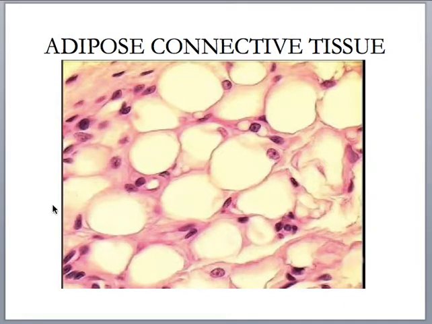The only thing that sometimes people may confuse this with is simple squamous epithelium, because you see lots of spaces, and you might go, oh, air spaces, lungs. But you don't see nuclei all around the periphery of this, right? You only see in some of these cells one nucleus pushed to the side because this is one individual cell.